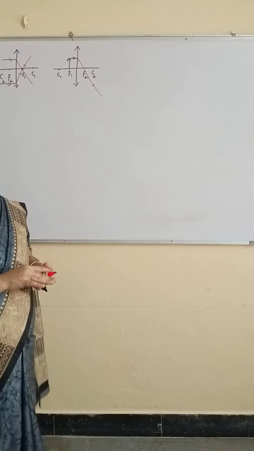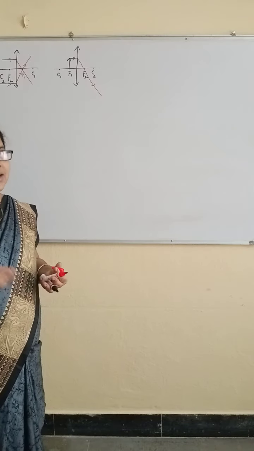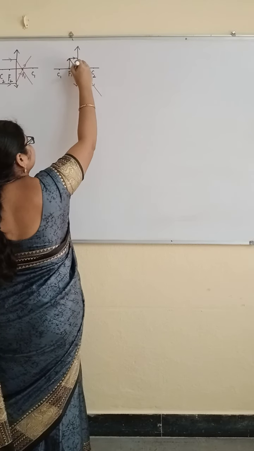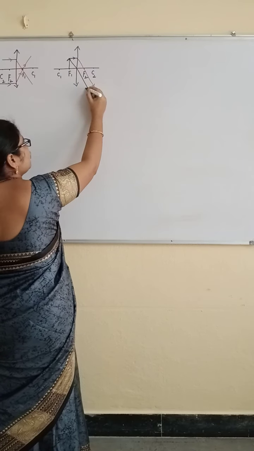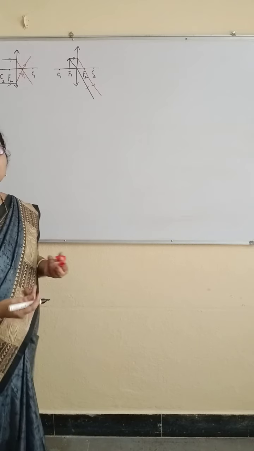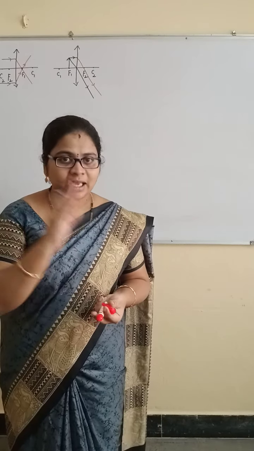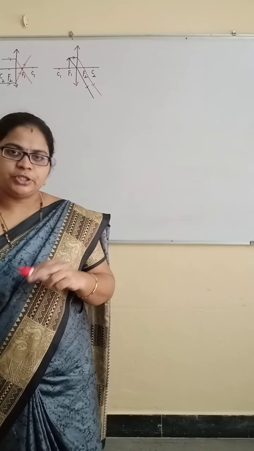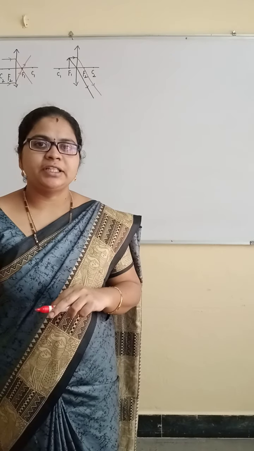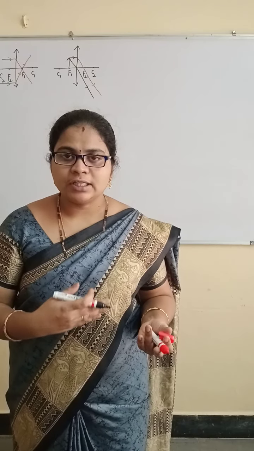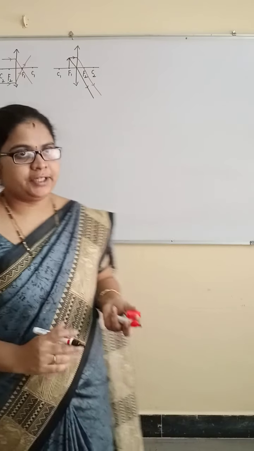Now another one, the light ray which is passing through the pole does not deviate its path. So when you look at these two light rays, they are parallel to each other. So the image will be at infinity. When the object is at infinity, the image is at focus. When the object is at focus, the image will be at infinity.